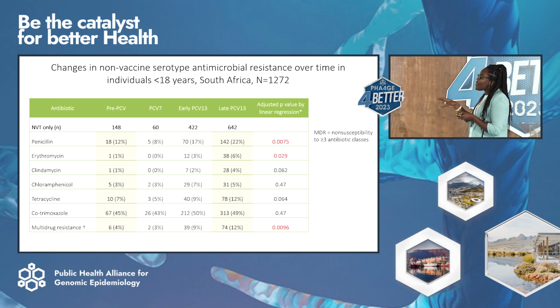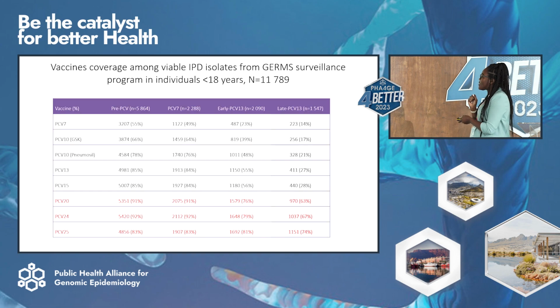So we saw increases in penicillin, erythromycin, and multi-drug resistance. And this is the same concept as with GPSC5 or GPSC9, as I've mentioned in the previous slide, that these serotypes still have the same genetic background as their vaccine type counterparts.